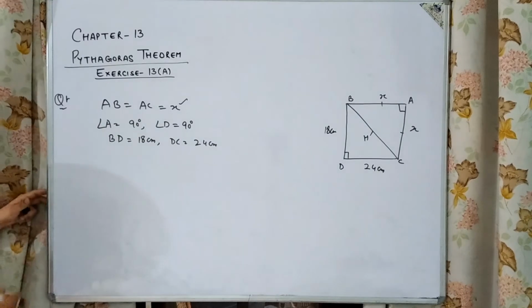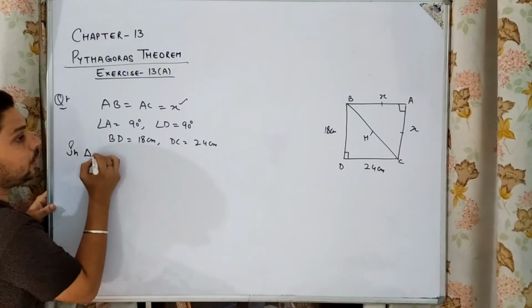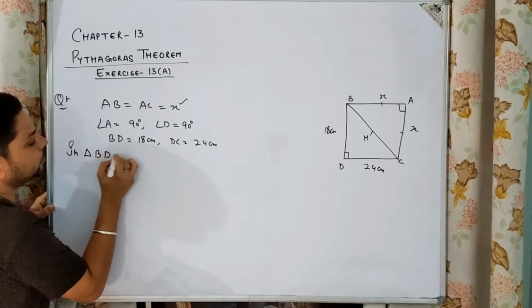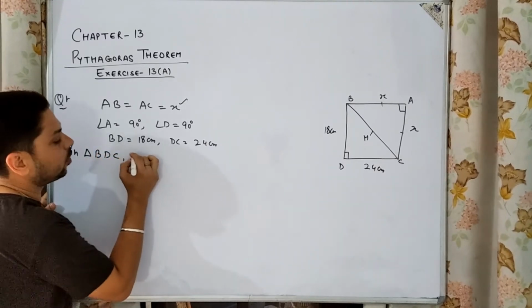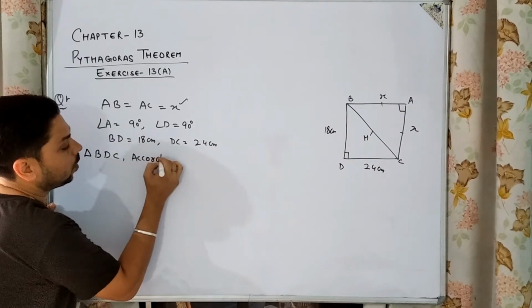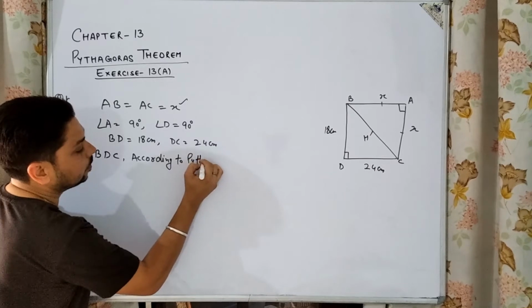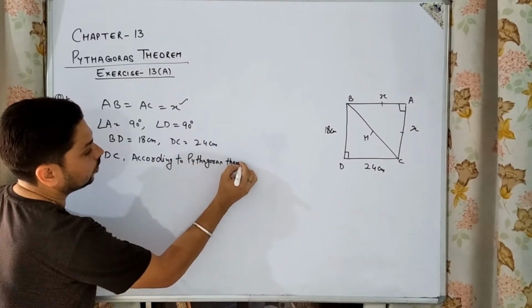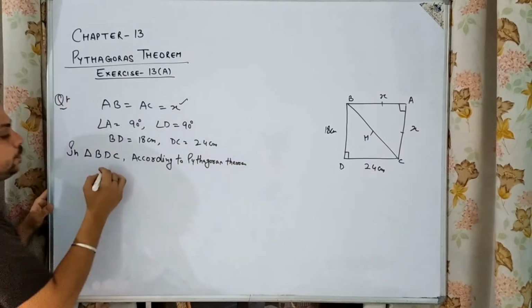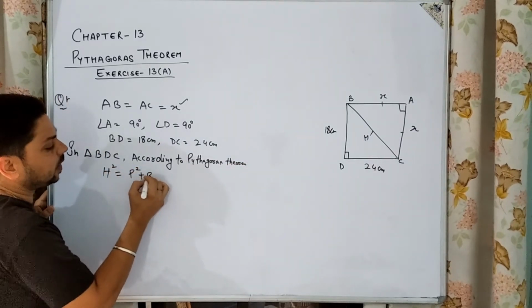Now first we take triangle BDC here. Since it is a right angle triangle, according to Pythagoras theorem, hypotenuse square is equal to perpendicular square plus base square.